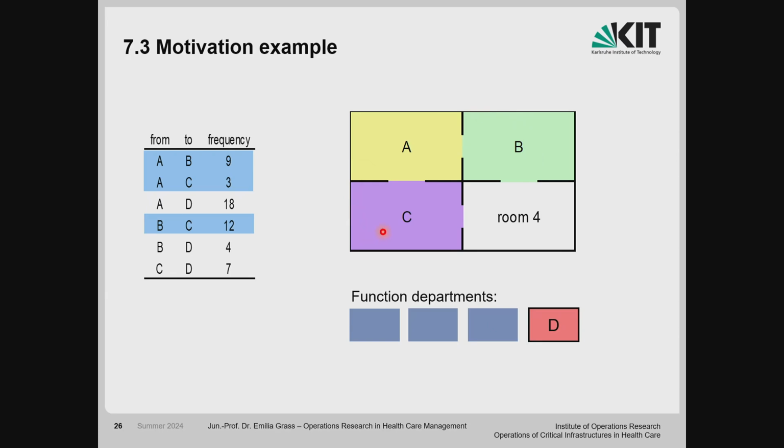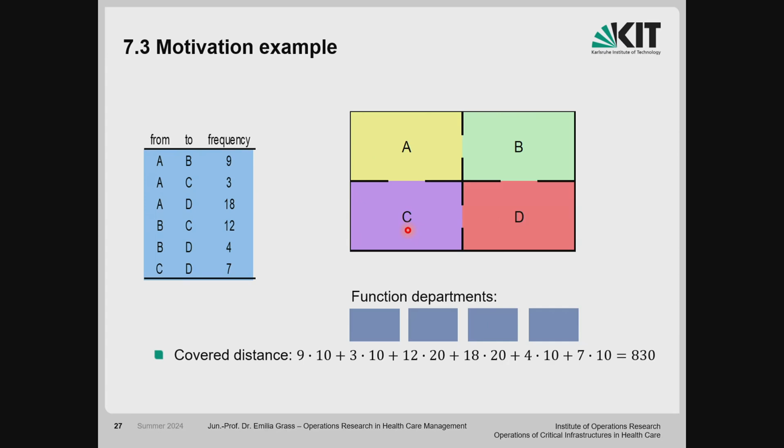Thank you, 20, exactly. Between A and C they have only 3 interactions, so the question arises whether it is really necessary to have them together. Because B and C have 12 interactions, but they have to walk through A to reach C. So the question is, is this really optimal?